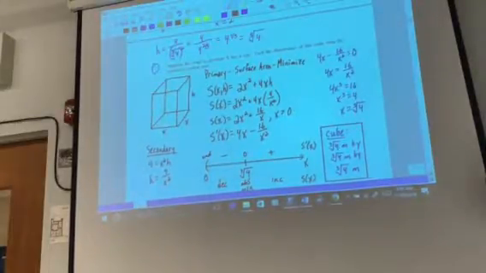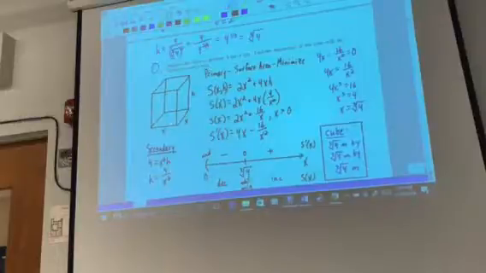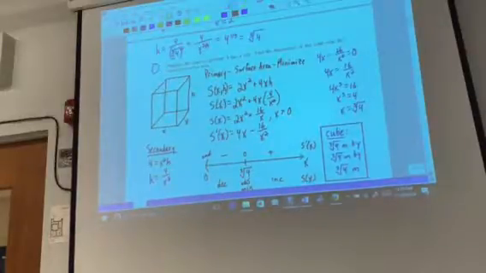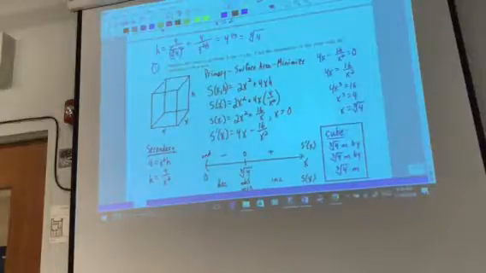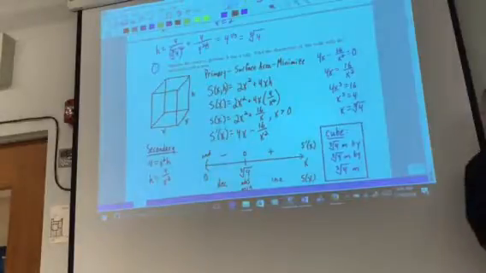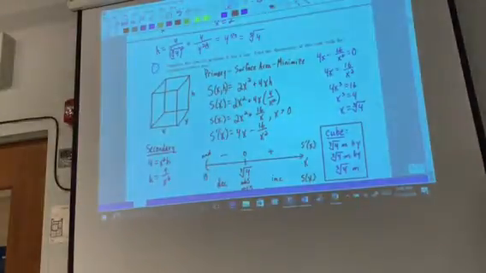And then 4 to the 1st divided by 4 to the 2/3, we do 1 minus 2/3, which is why I was talking in the beginning of class about how I had people who struggled with 1 minus 2/3, which shouldn't be a problem. And I had to tell people to write it with a common denominator, which you have to understand, 1 minus 2/3, that's elementary level math also. That's not even middle school math. Right? Start doing common denominators maybe in 4th or 5th grade.